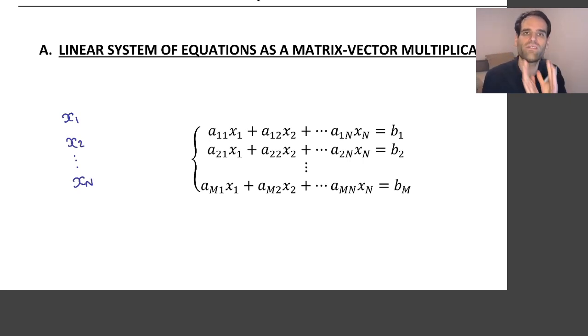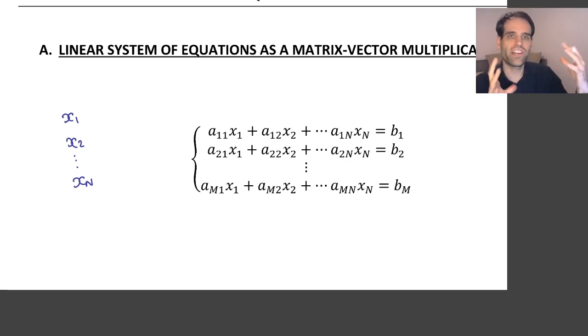We don't know the value of these numbers. These are our unknowns. But we know that these quantities fulfill some set of equations. This is a system of equations because all of them must be fulfilled simultaneously, all at the same time. So this would be a system of equations in general.